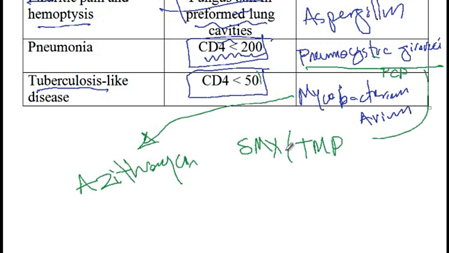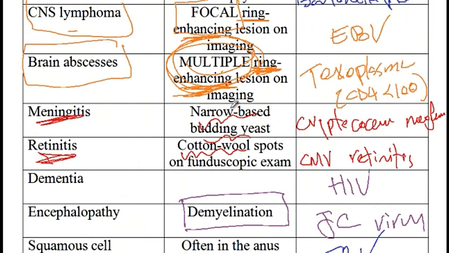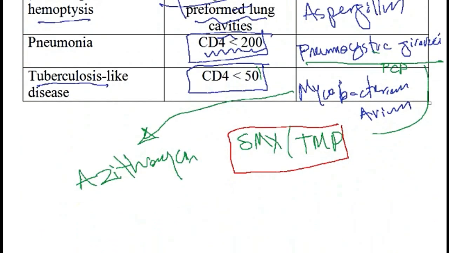Now, I would also like to mention that sulfamethoxazole trimethoprim can also be used for the treatment of toxoplasma. If you recall, toxoplasma can cause a ring-enhancing lesion if the CD4 count is less than 100. So the same sulfamethoxazole trimethoprim that is used as a prophylactic treatment against PCP can be used for prophylactic treatment for toxoplasma.